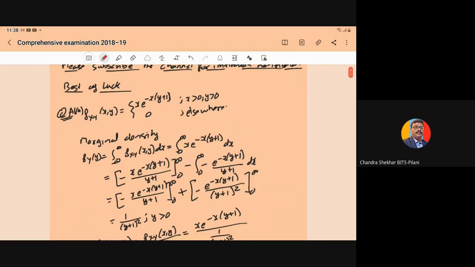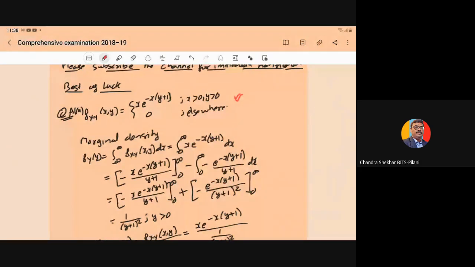So the joint PDF is given to you, and the marginal density for y you have to compute. So it is integration over the limit of x, and you have to integrate with respect to x.